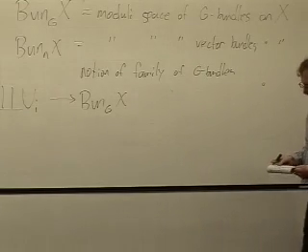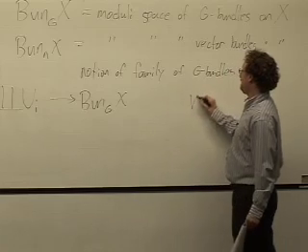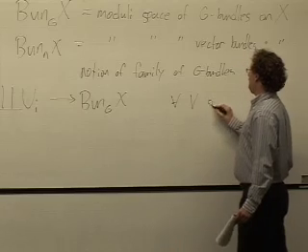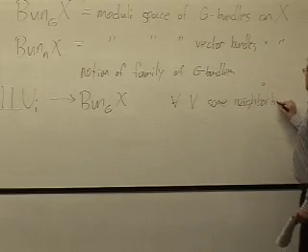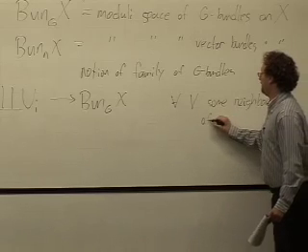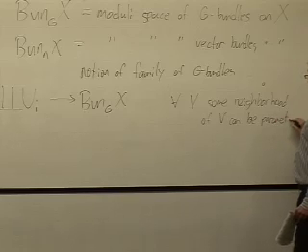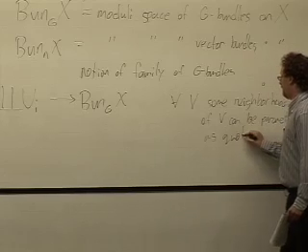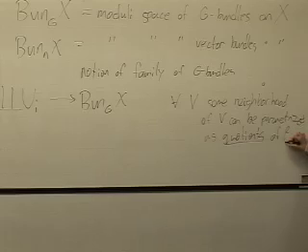And how do you find this variety? If you give me a particular vector bundle V, then some neighborhood of V can be parametrized as quotients of some fixed, higher rank vector bundle.